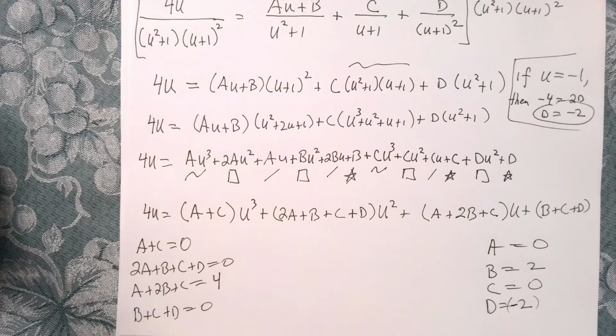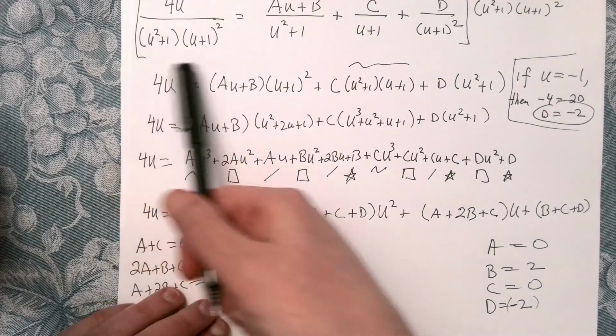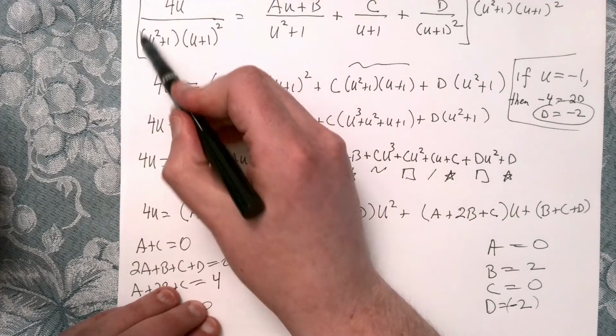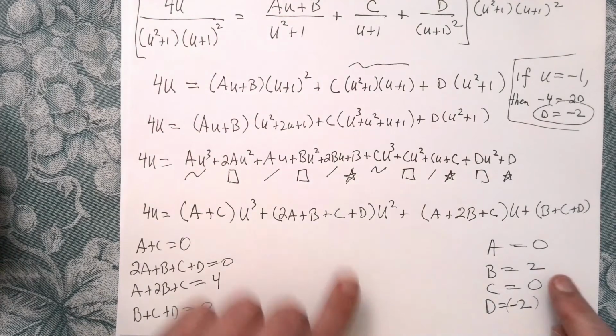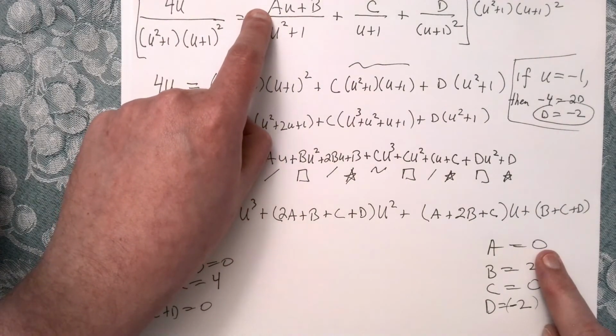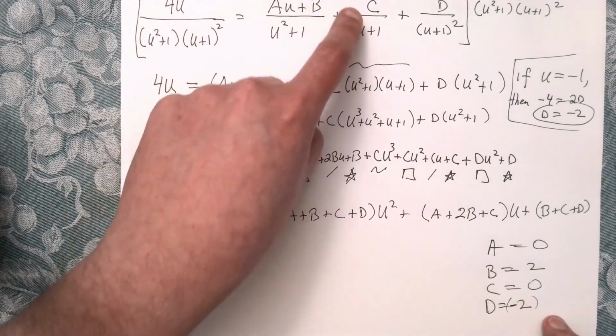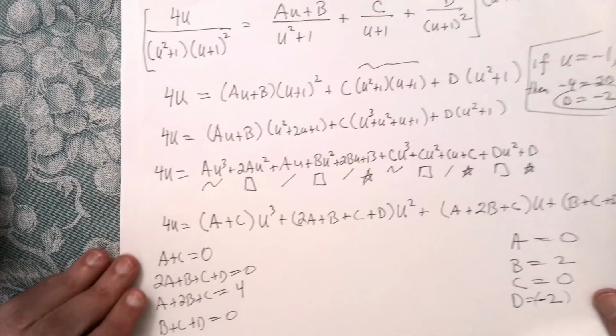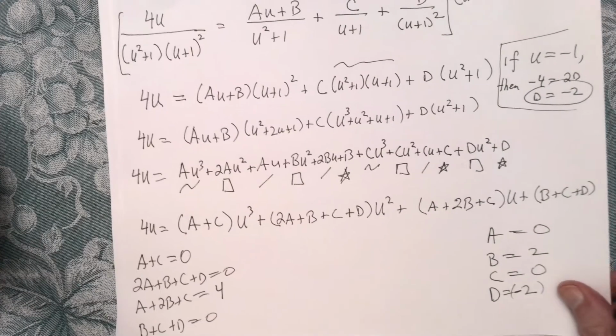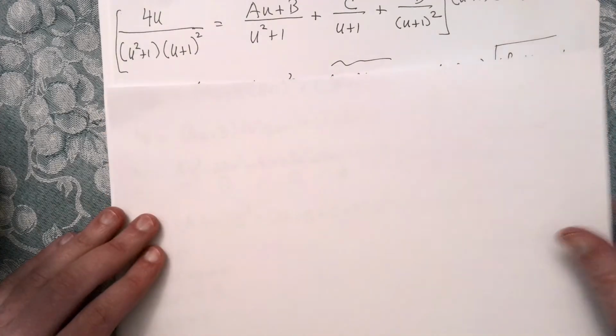Okay, so we've got a, b, c, and d, and so we can decompose. So the integral of this du equals the integral of this du. Okay, so that term will vanish. That'll be a 2. That will vanish, and that'll be a minus 2. Okay, so we get the following.